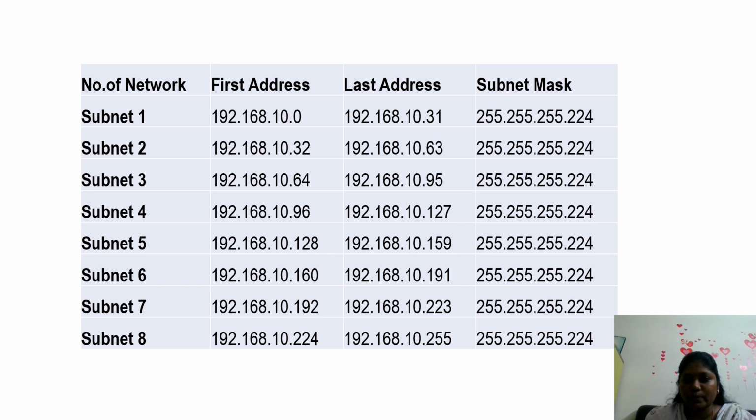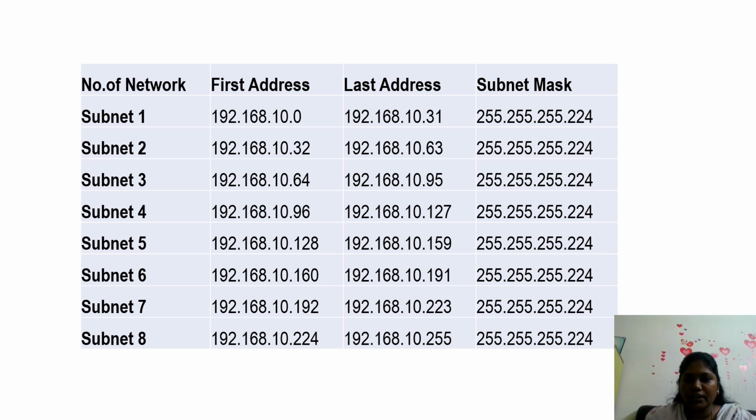The last address is going to be 10.31, and the subnet mask is the one which has already been calculated, which is 255.255.255.224. So the range of each and every subnet is going to be 32, and we totally got 8 subnets. Okay, so this is about FLSM.